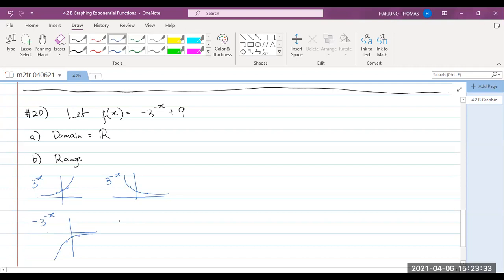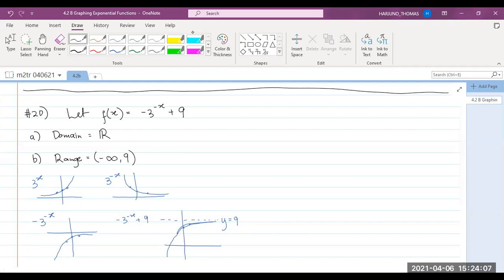And then we add 9, which means the horizontal asymptote, originally y equals 0, is now y equals 9. Those 3 coordinates are now here. From the graph, you see that the range is from negative infinity up to positive 9.